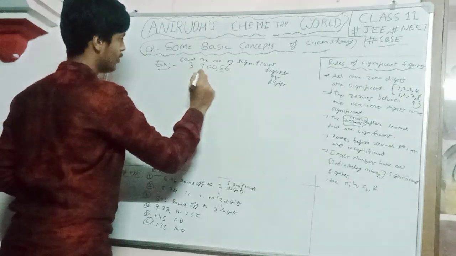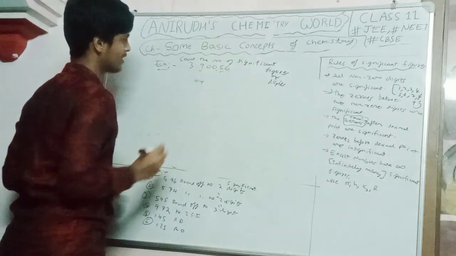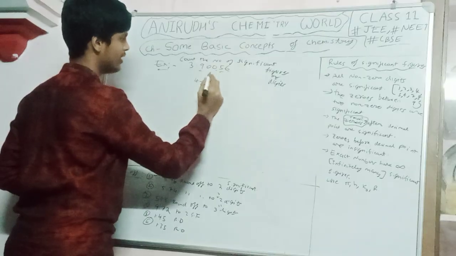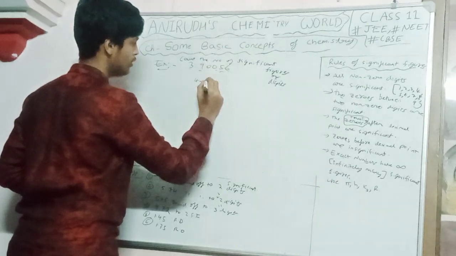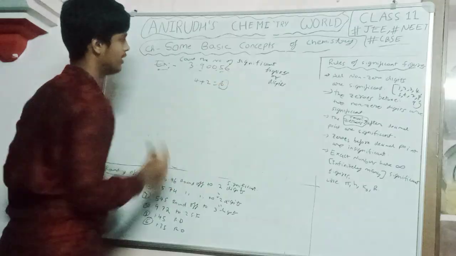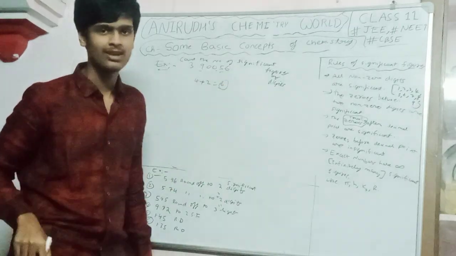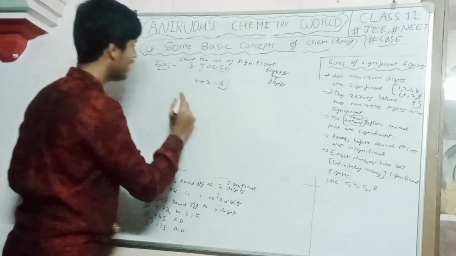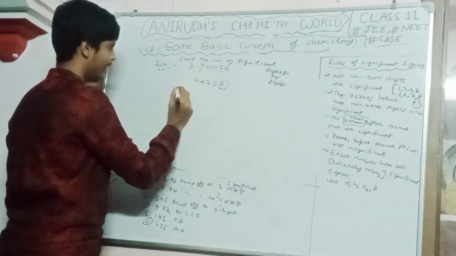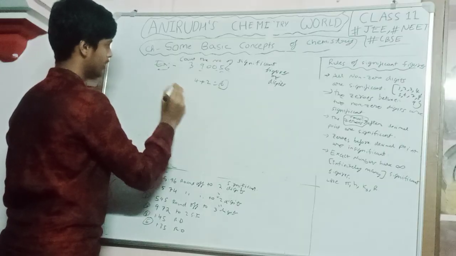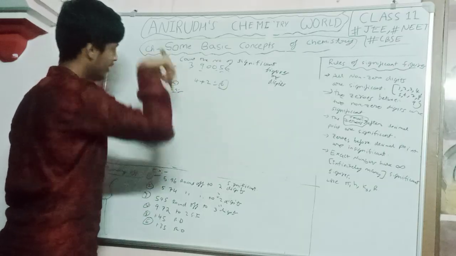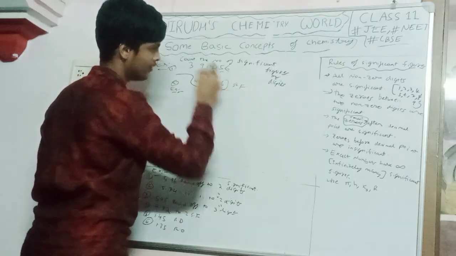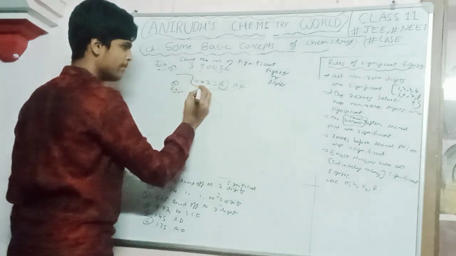How many are the non-zero digits? 1, 2, 3, 4. 4 plus the zeros which are lying between these two non-zero digits are significant according to the rule. So 1, 2. So 4 plus 2, 6 significant figures are there in this number. This is the first example and this is the second one. 6 significant figures. SF we can write as shortcut.